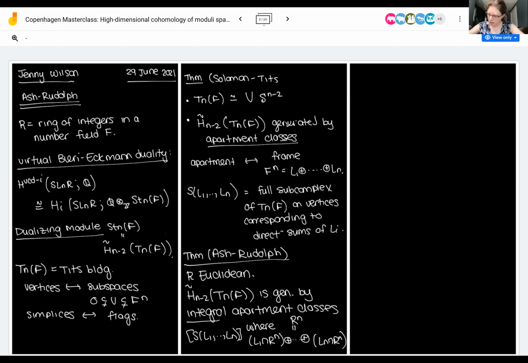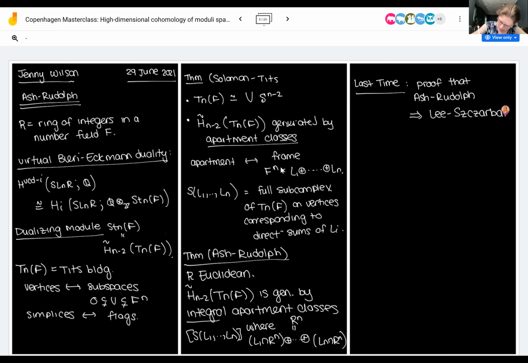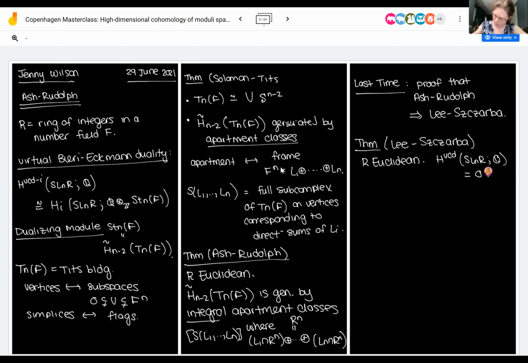Okay. And so in our talk last time, the main goal of the talk was a proof that we could use this Ash-Rudolph theorem on generation by integral apartment classes to prove a theorem of Lee and Szczarba, on the vanishing of the top dimensional cohomology of SL_n(R) with rational coefficients when R is a Euclidean ring.